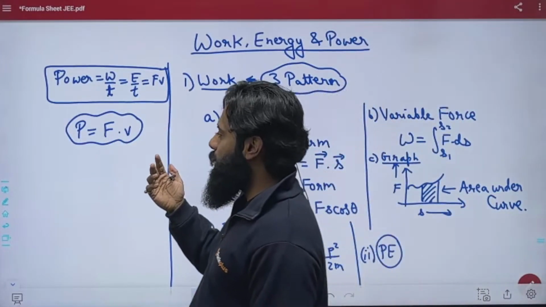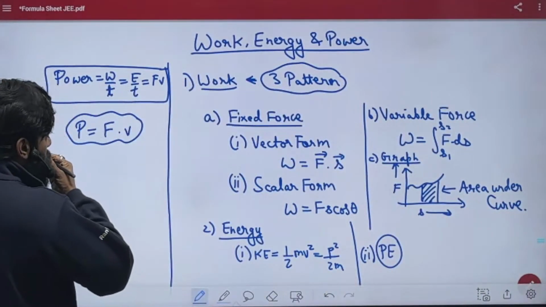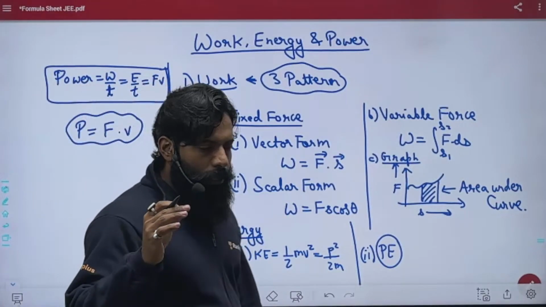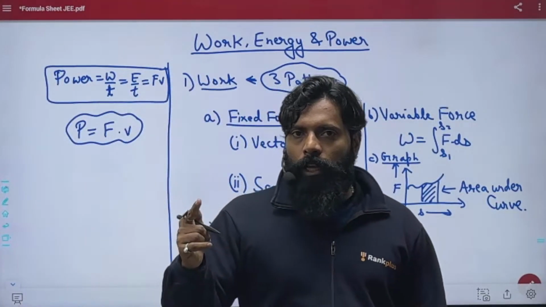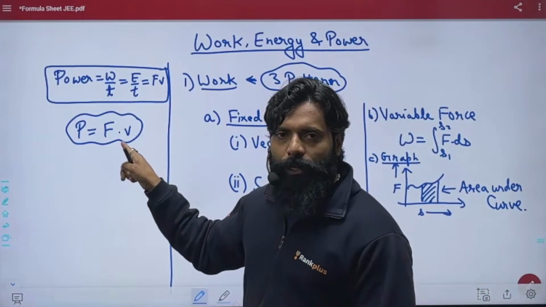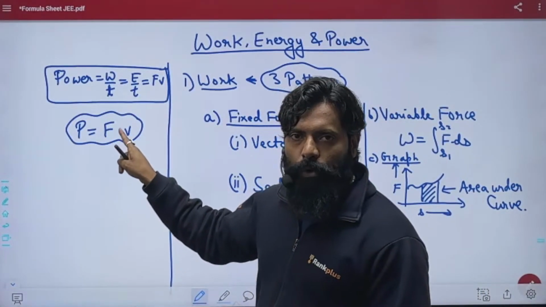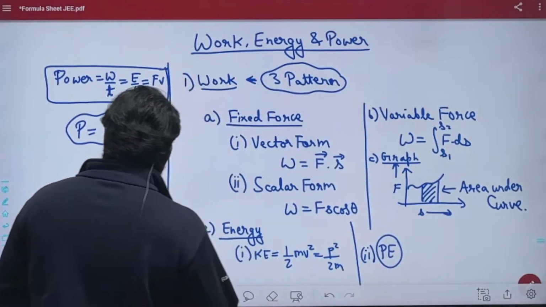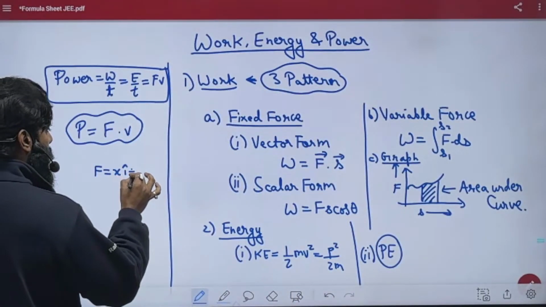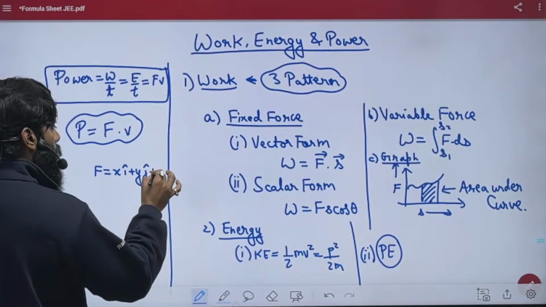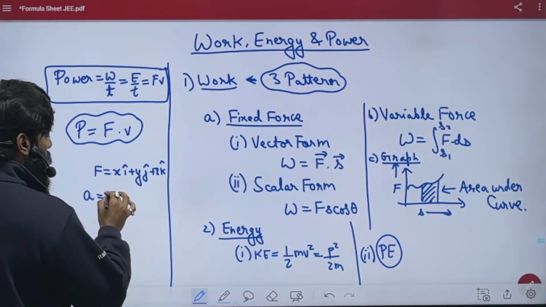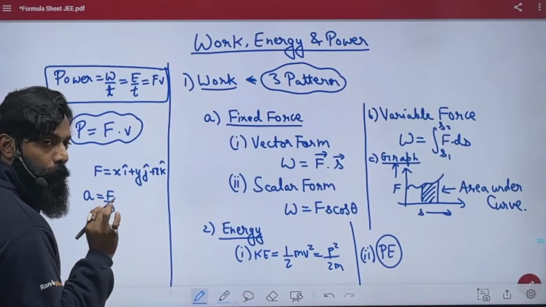Sometimes it is also possible that you have not been provided the direct value of the velocity. You have been provided the value of force, and you know how we are going to get the velocity from force. See, if the force vector is given to me as x i cap plus y j cap plus z k cap, then to get the acceleration, I need to divide it by mass.